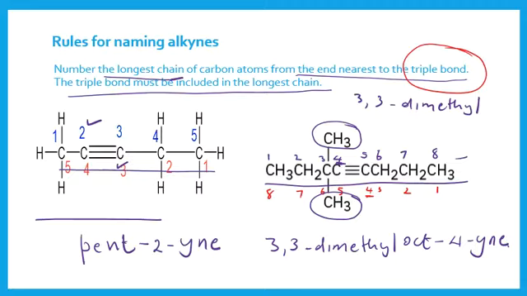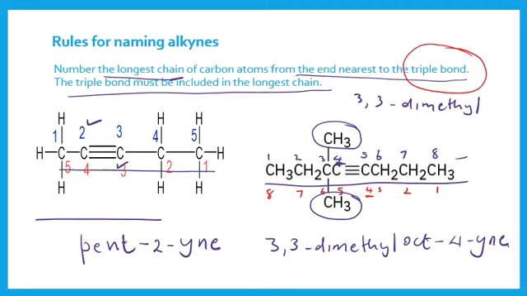So in this case, what do we do? We carry on, we proceed, and we look at the branches. The branch here is methyl. So now preference must be given to methyl, because this must get the lowest number.